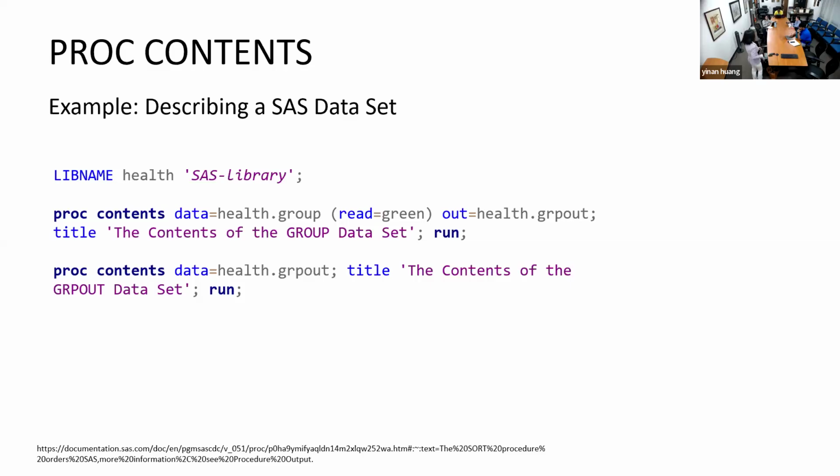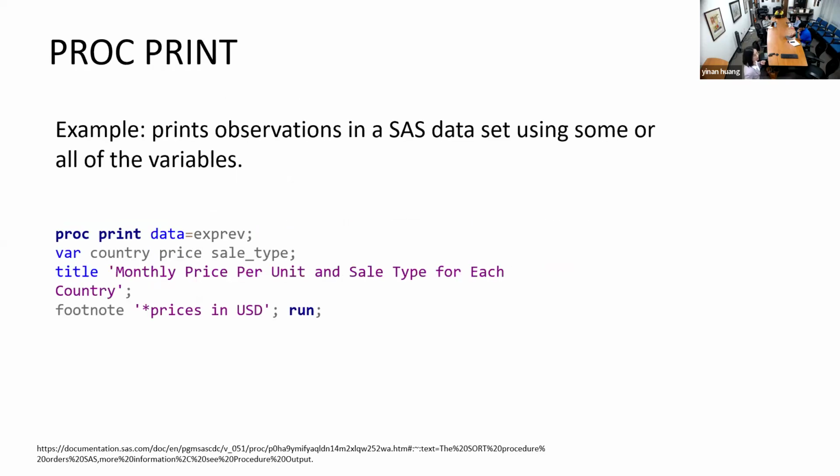They have enhanced functions, and if you want to explore more, you can go to the link. It shows other enhanced or optional statements you can have in these procedures, especially with proc print, like the observation option, OBS equals 10 or 1. Get familiar with it using this link.